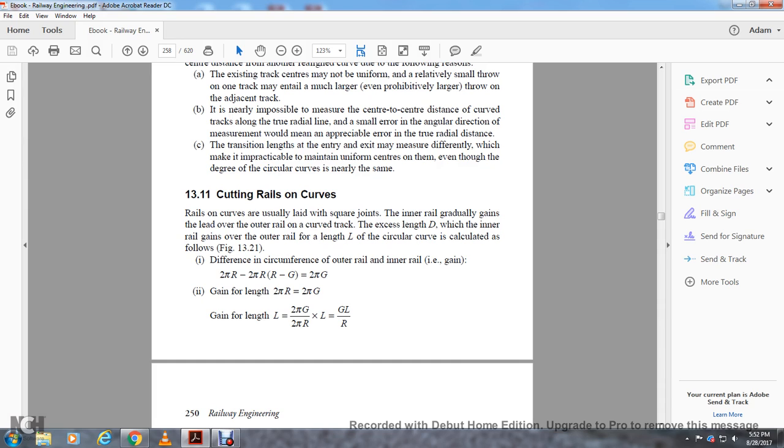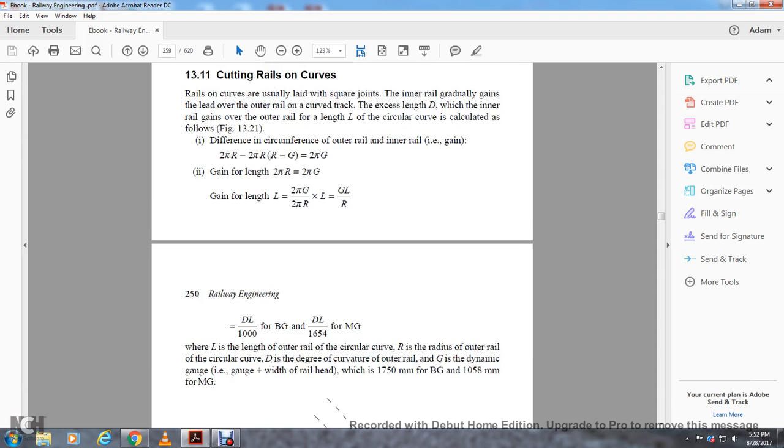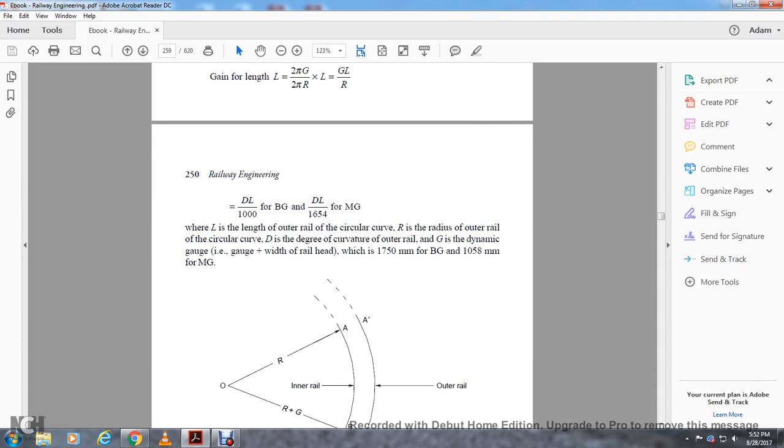Difference in circumference of outer rail and inner rail is 2 times pi r minus 2 times pi times r minus g, which equals 2 times pi g. Gain of length for 2 times pi r equals 2 times pi g. Gain of length for length L is equal to 2 times pi g over 2 times pi r times L, which is gL over r, equals DL over 1,000 for broad gauge and DL over 1,654 for meter gauge.